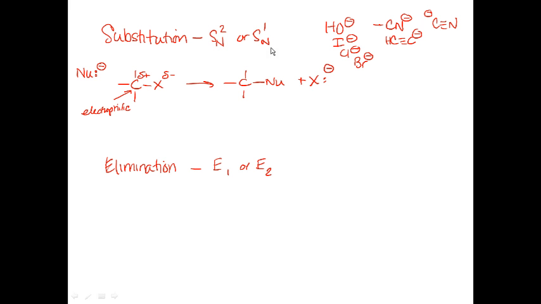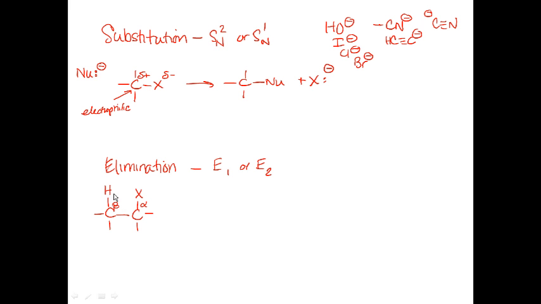So what's elimination? Well, in an elimination reaction, what we actually have is our carbon attached to the halogen, and then on the carbon attached to the carbon with the halogen, there's a hydrogen. The terminology that we'll use for this, just to introduce it now, is that the carbon attached to the halogen is called the alpha carbon, and then the carbon attached to it is called the beta carbon.